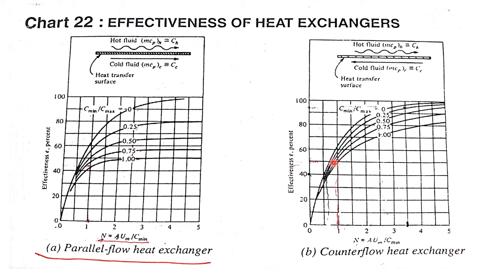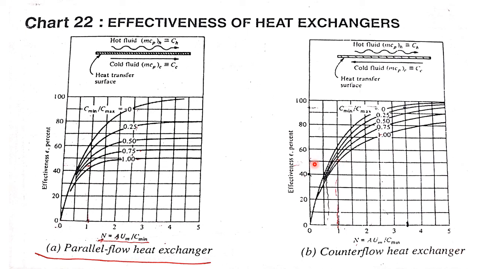From there again I am going to come with the help of a scale to read this effectiveness of the heat exchanger. So here it is 40, 50, 60. So somewhere it will be around 50% or 0.49, which are related to the theoretically calculated values.